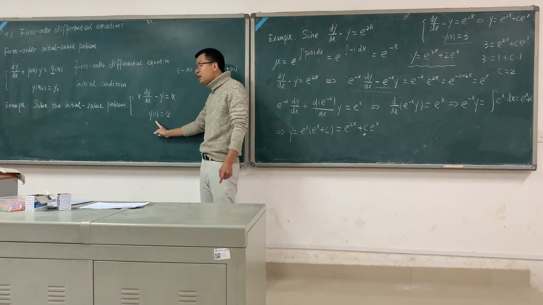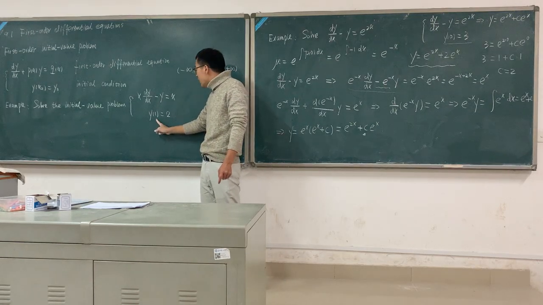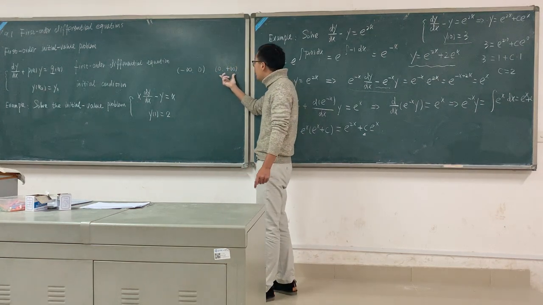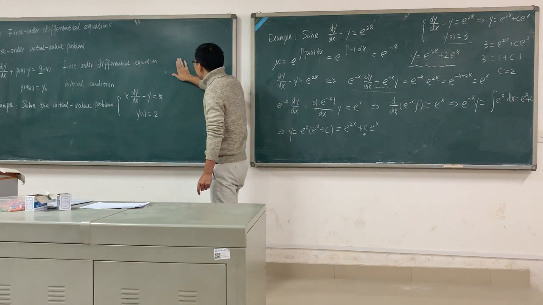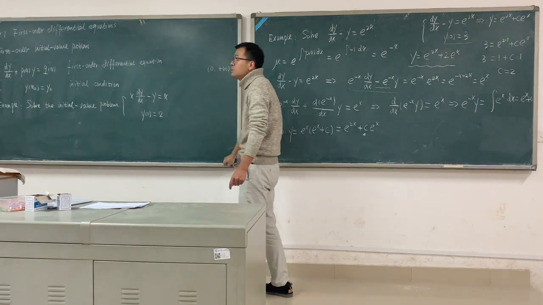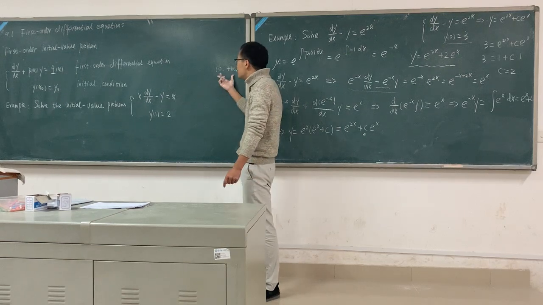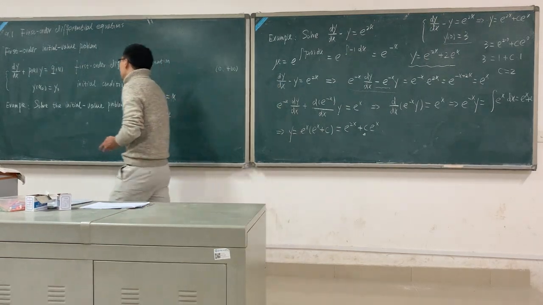But here we can see the initial condition is y(1) equals 2. x equals 1 is in the interval from 0 to plus infinity, so we just need to study this initial value problem on this interval.